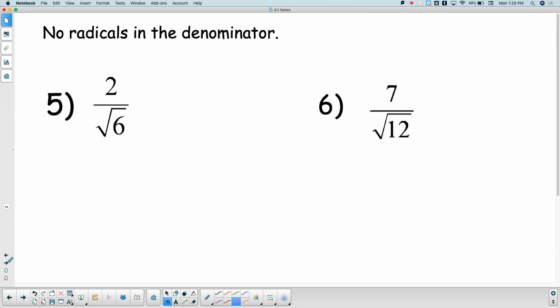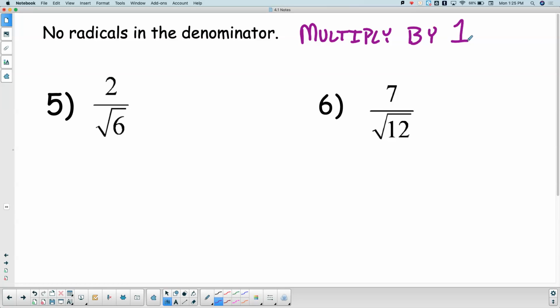Second condition, we don't want radicals in our denominator, right? So the only thing that I can do when I've got a radical in my denominator is I can only multiply by 1. That's the only thing I can do. Because otherwise, if I multiply by anything else, it changes my problem.